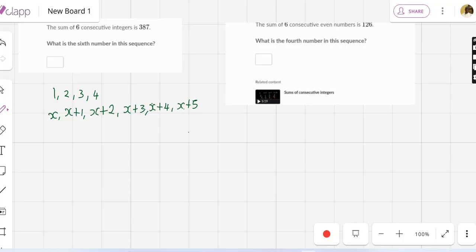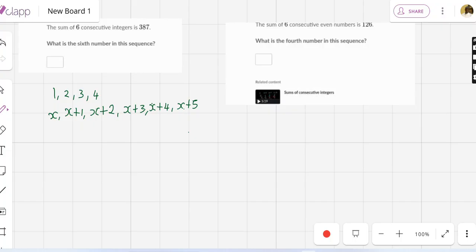You know that the difference between any two numbers is just 1. So now when they say the sum of 6 consecutive integers, it means you should add these consecutive integers the way they are in their algebraic form, because you don't know the numbers.